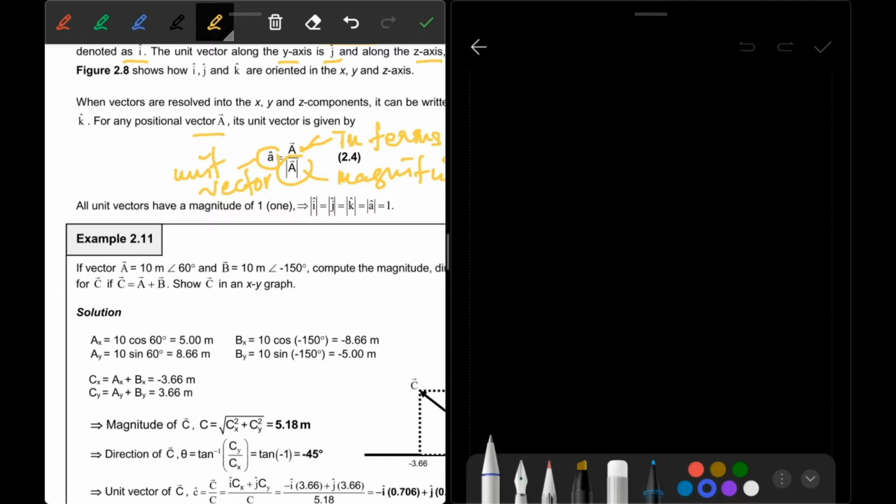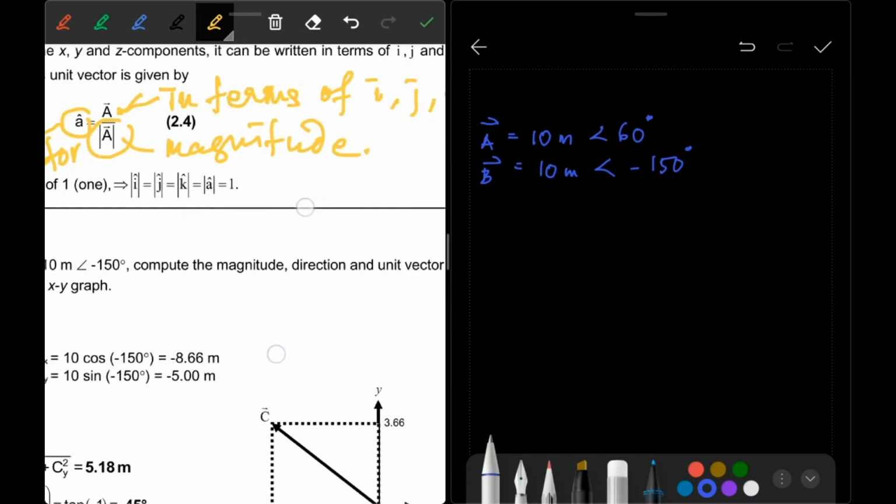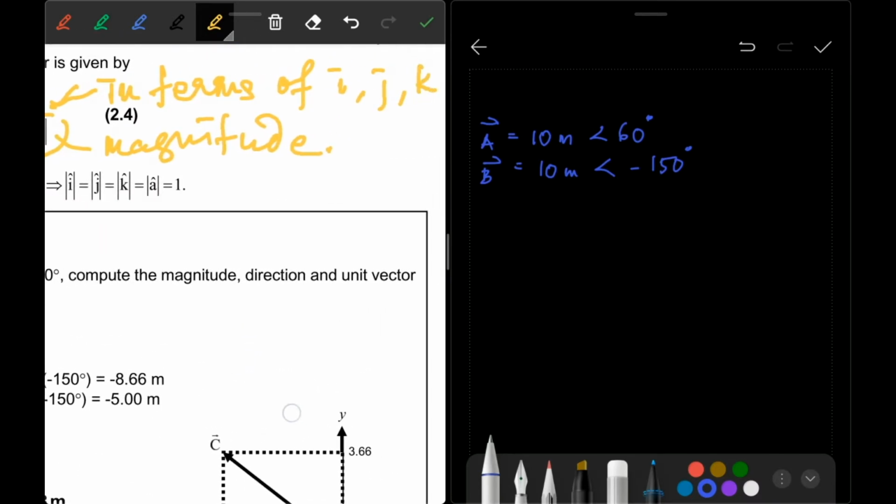For example, here you are given vector A equal to 10 meter with an angle of 60 degree, and then vector B, 10 meter with an angle of minus 150 degree. Compute the magnitude and direction and unit vector.